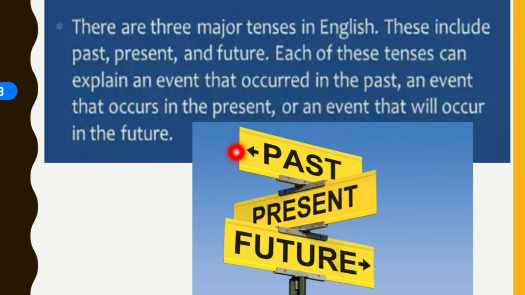Each of these tenses can explain an event that occurred in the past, that means the time that has already gone or already passed, an event that occurs in the present, that means right now, or an event that will occur in the future. Future means the time that is yet to come. Past, present, and future tenses.